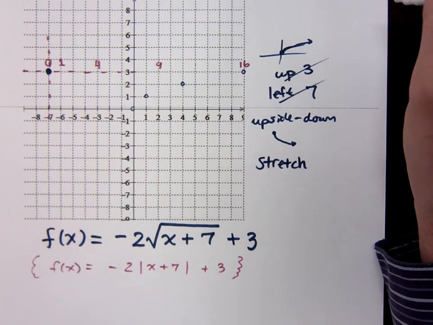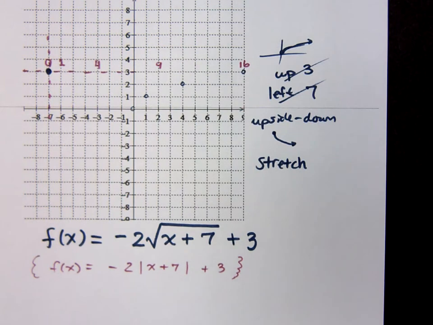You guys with me on that? I'm picking out these as the key points from my base point because these are my perfect squares because I'm dealing with the what? Square root. Does that make sense?